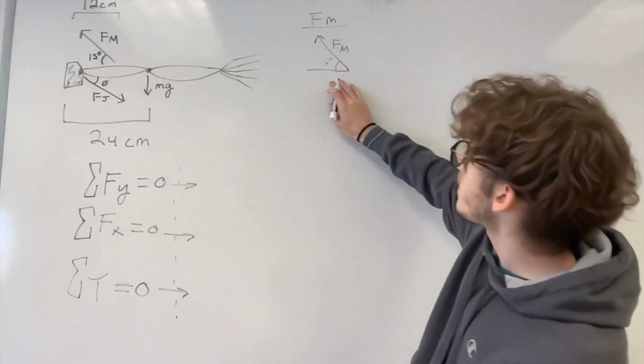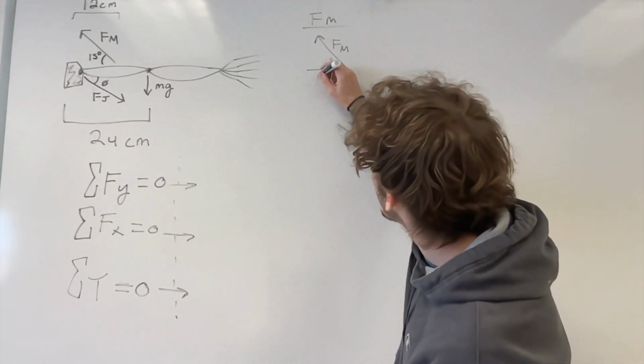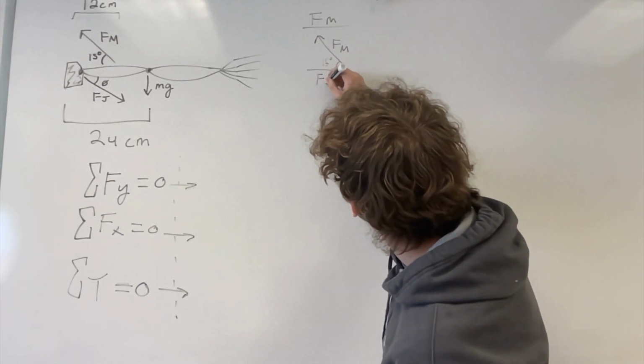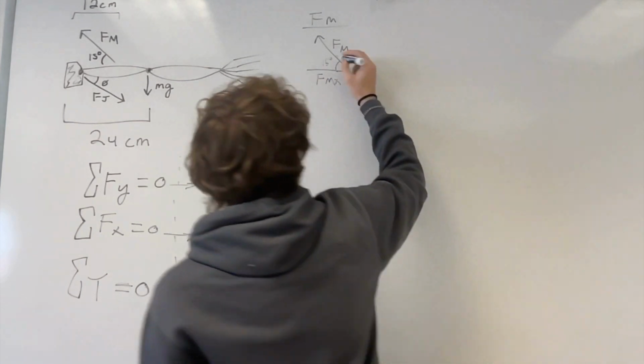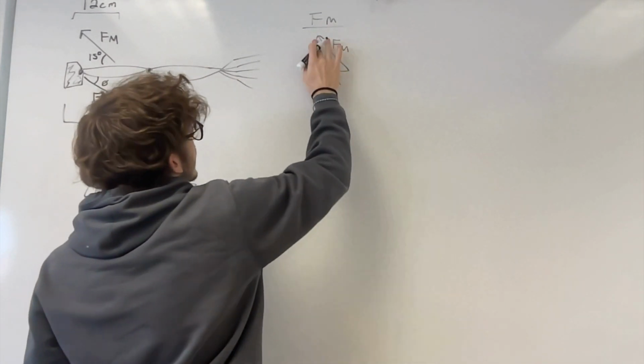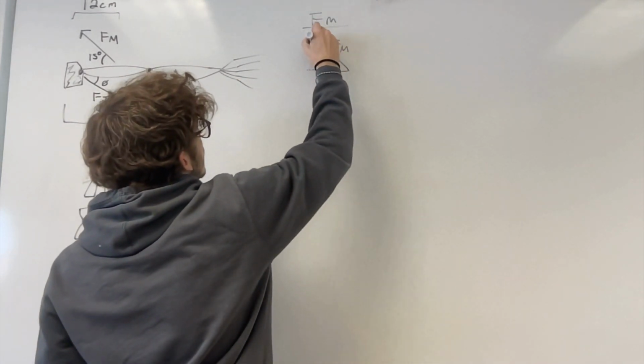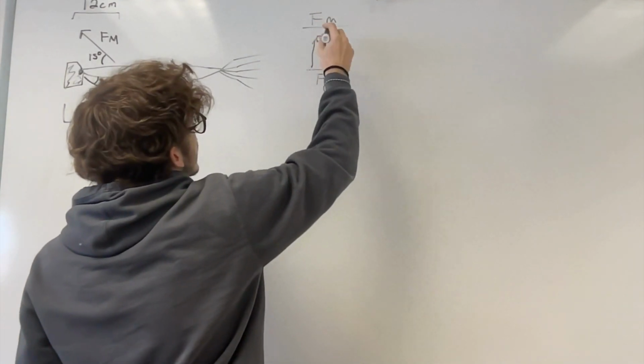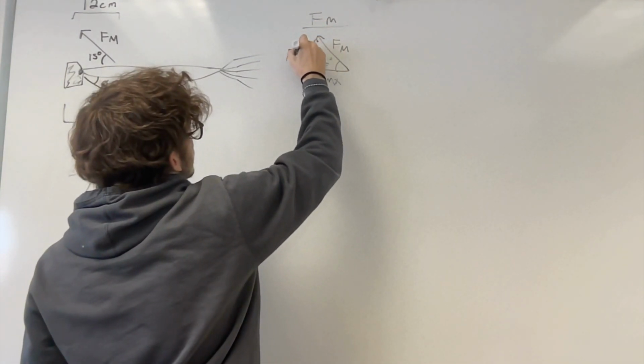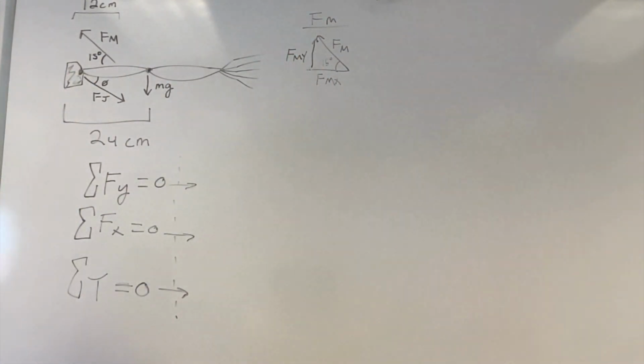So that means this is the x component, we'll call that Fmx, and we also have a component going up. And that's going to be Fm of y.